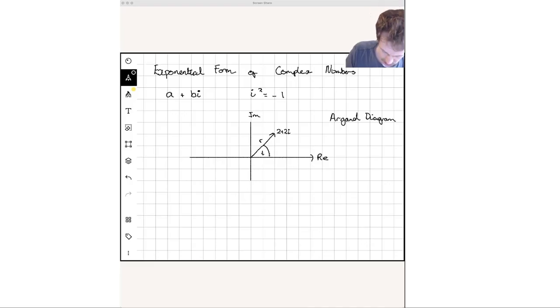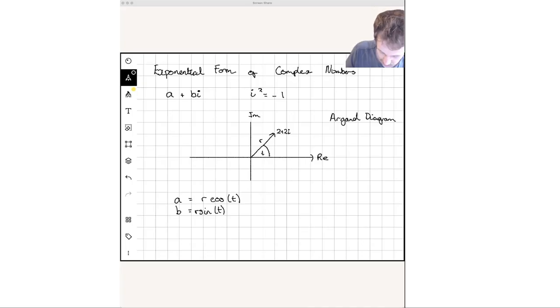So we can use a bit of high school trigonometry to tell us that a is r cosine t, and b is r sine t, because they are respectively the horizontal bits here and the vertical bits here.